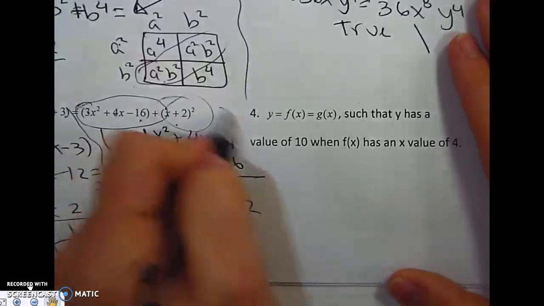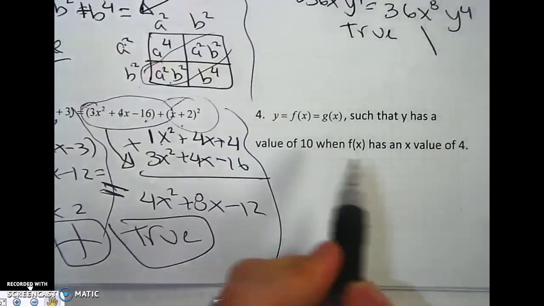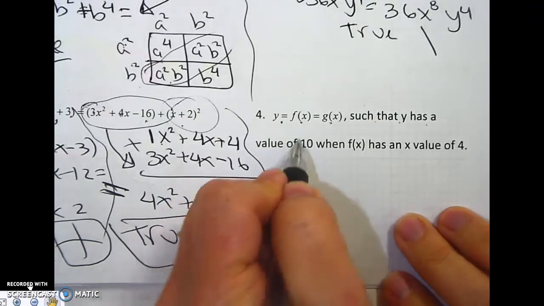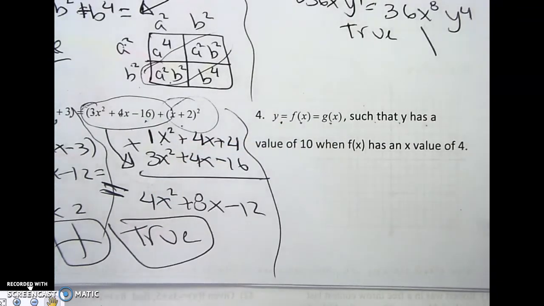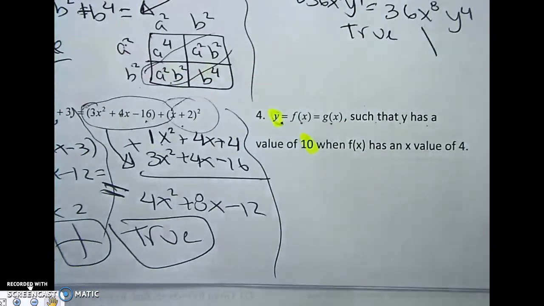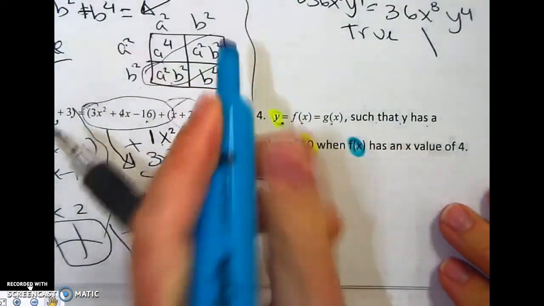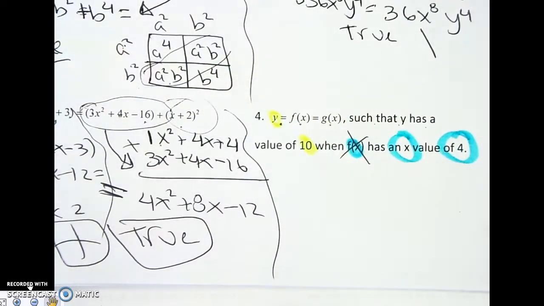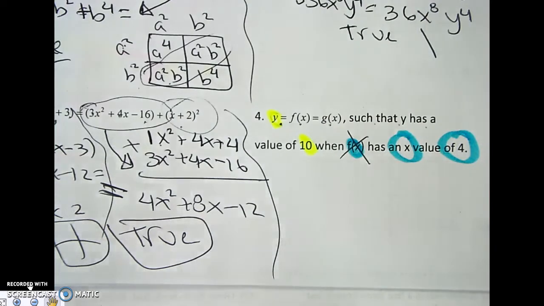Last one is a little different. So they say that this equals this, such that y has a value of 10. So that means this y is 10. And this f of x, oops, wait, not f of x, has an x value of 4. Okay?